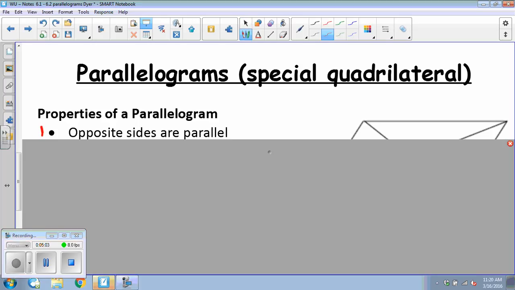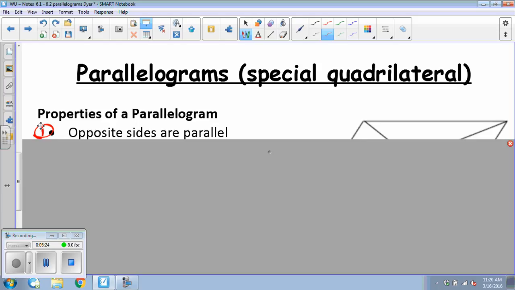Property number 1, opposite sides are parallel. On your parallelogram, you'll see the little triangles.